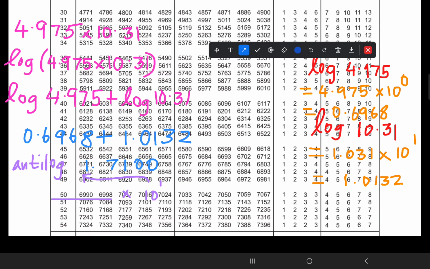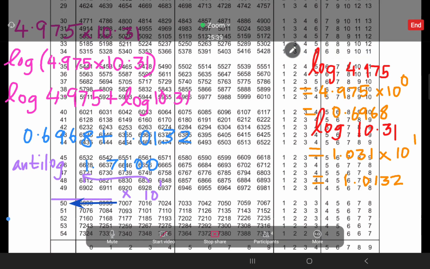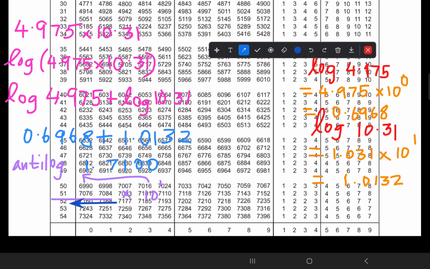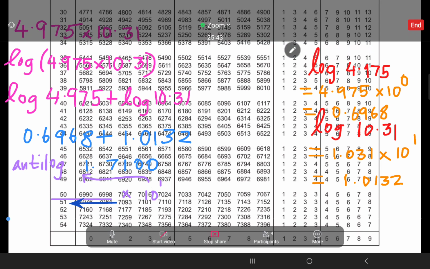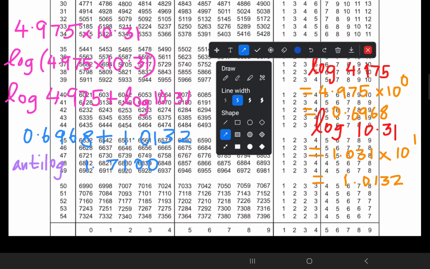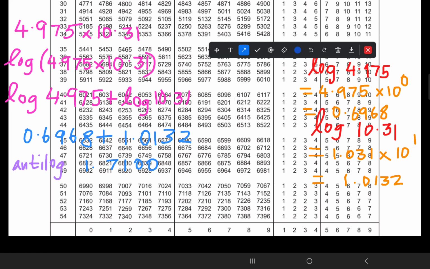So here we have 7093. With that, when we add the number 7, let's use the table now. 7100 we need. 7093 is here. With that, when we add number 7 in the same row, 7 is there.